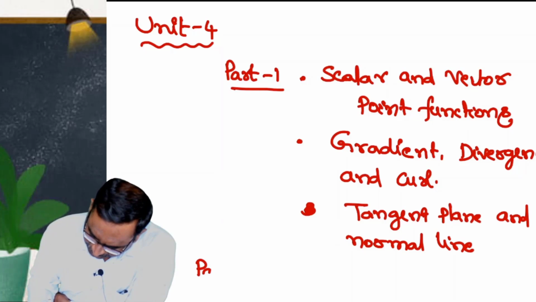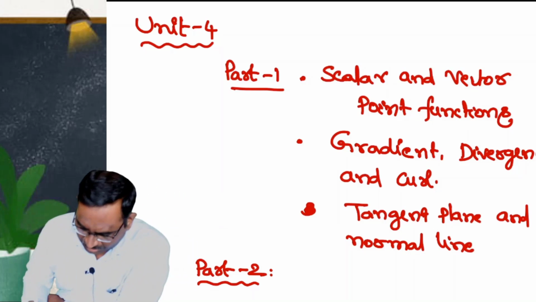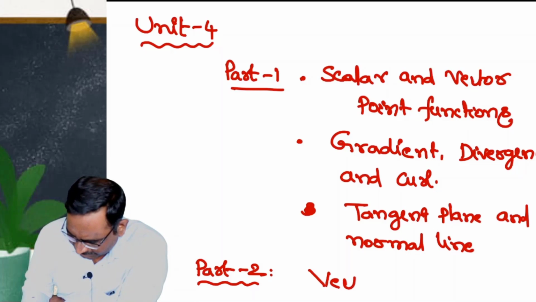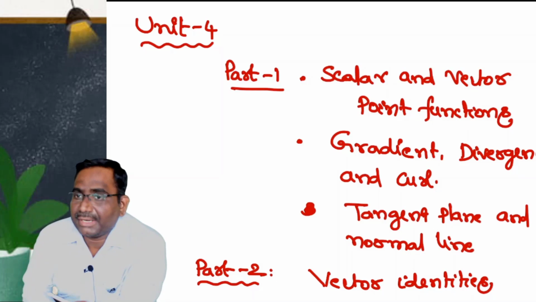The next part in the same unit is the most important one: vector identities.